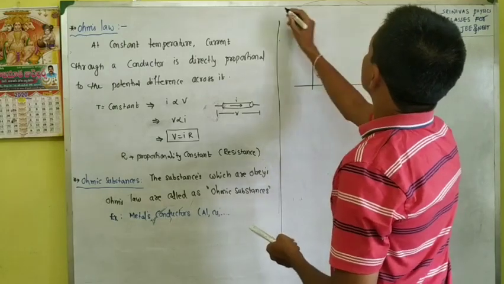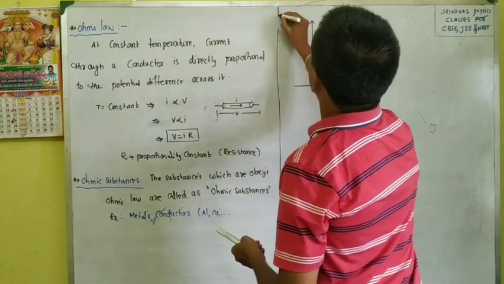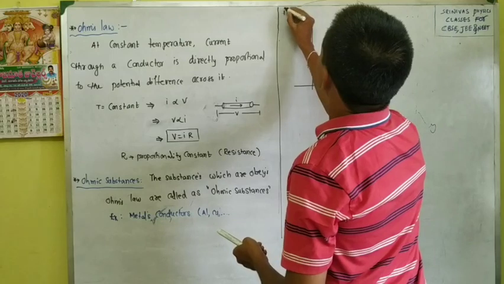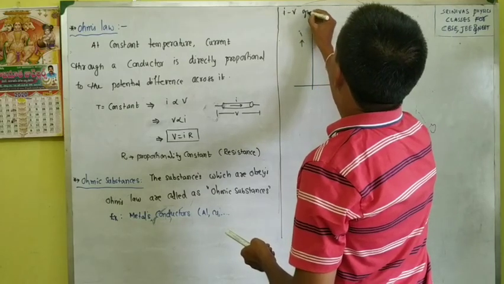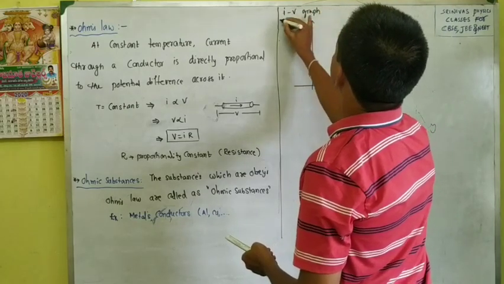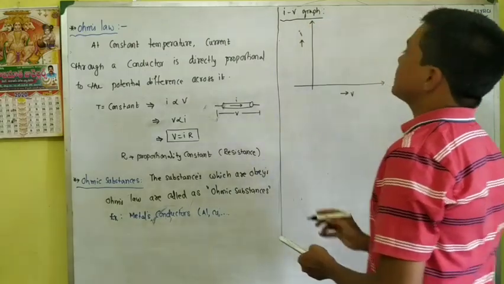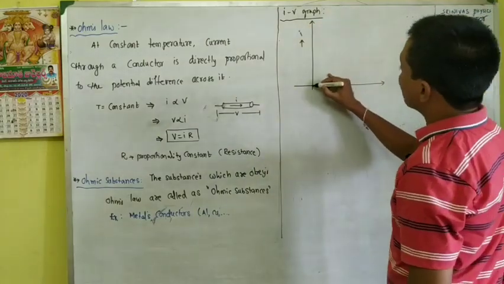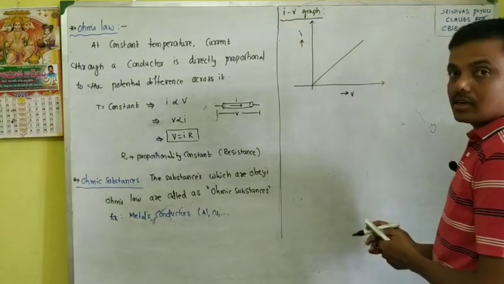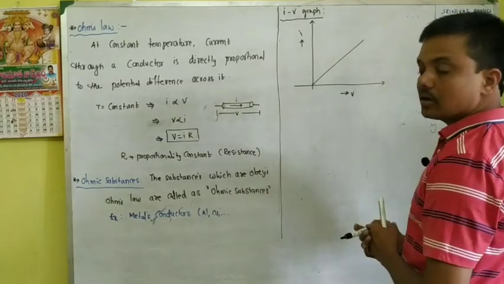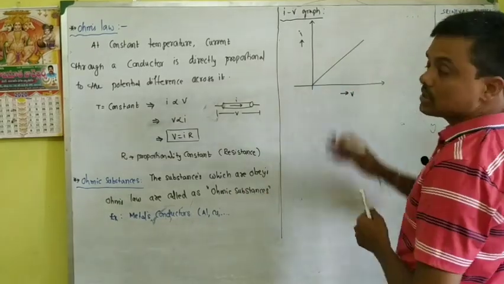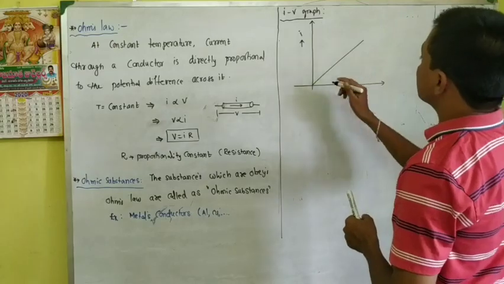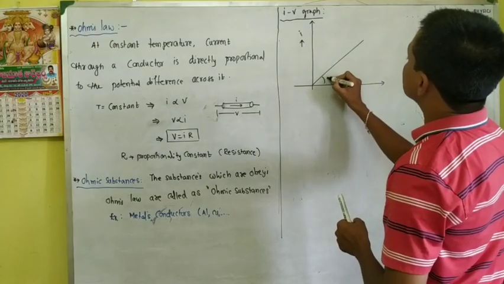And this is the IV graph. Okay, IV graph. Let us see how you will get the graph. You will get a straight line, right? If it will obey the Ohm's law for the ohmic substances, the graph is a straight line.